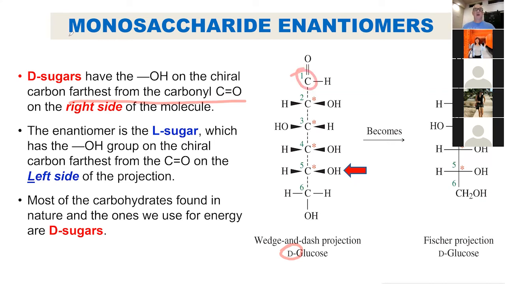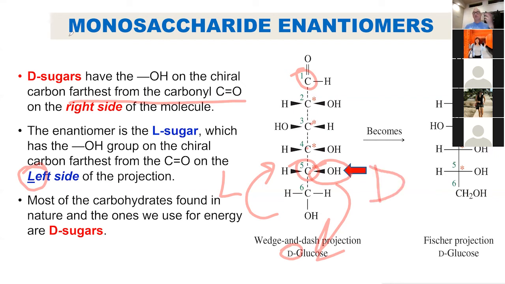And what is the chiral carbon that's farthest away from it? 2, 3, 4, 5, right here. So we want to look at carbon 5, and see which side the hydroxyl group is on. If it's on the right side, it's D. If it's on the left side, it's L. That'll be a little easier to remember. If it's on the left side of the Fischer projection, it's L. If it's on the right side, it's D.